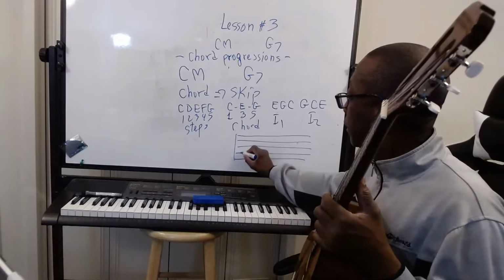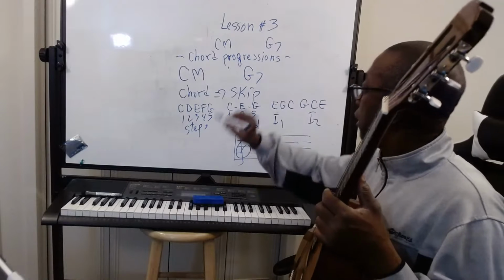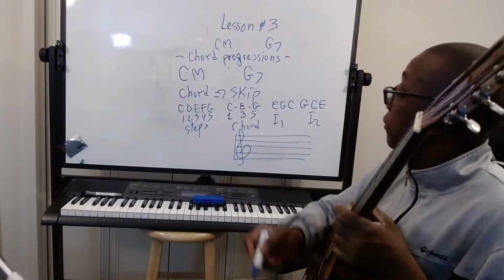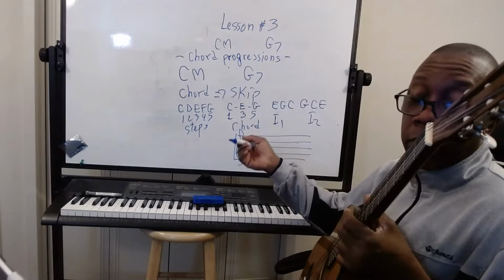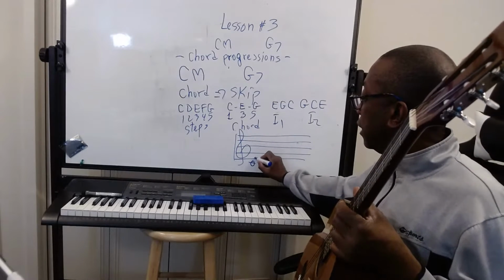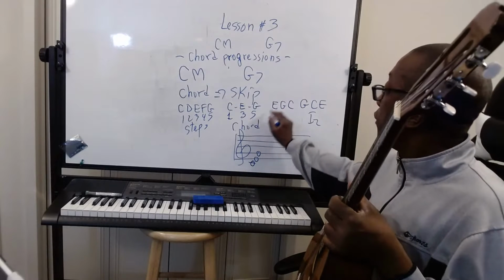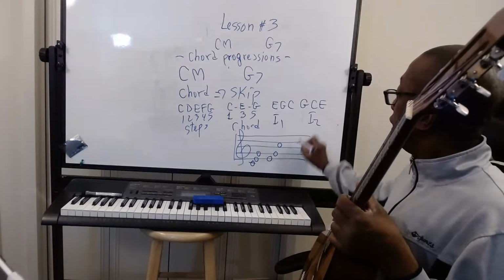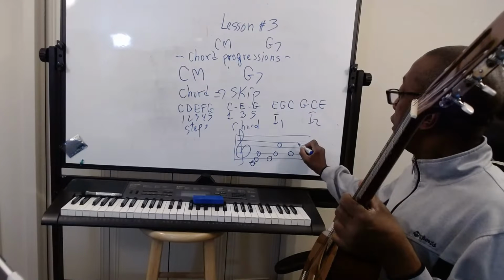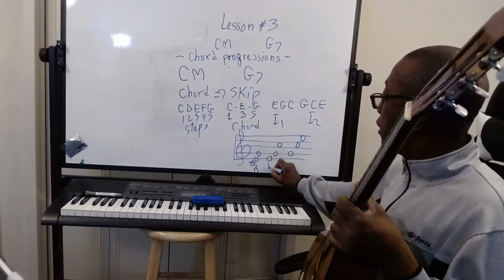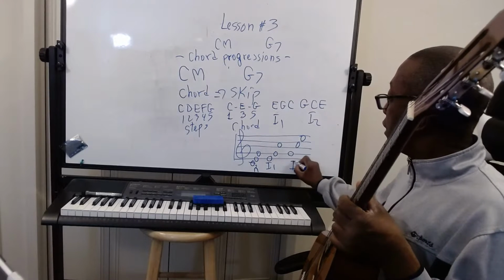C, E, G, let's say I'll consider it to be middle C. Let's take from middle C. C, E, G. The next one will be E, G, C. And then the last one will be G, C, E. So this is R, this is I1, this is I2.